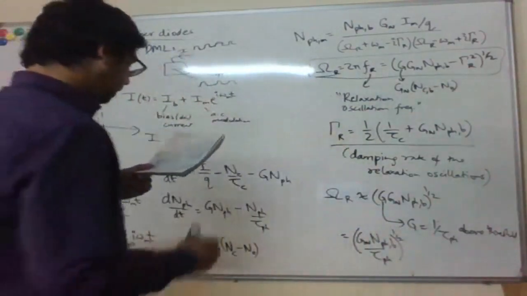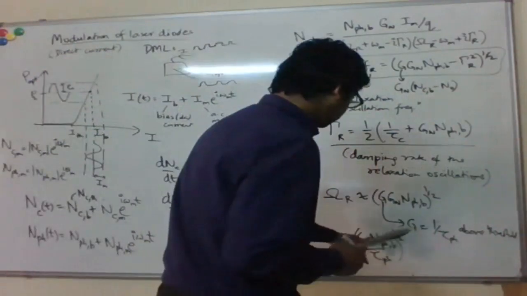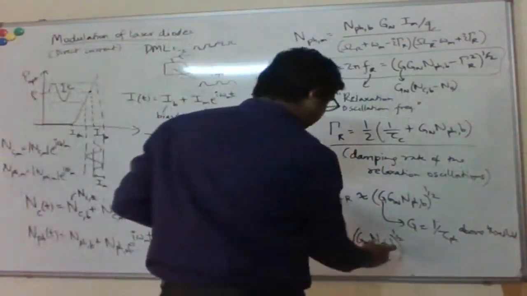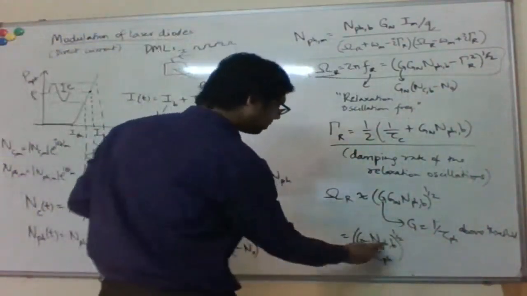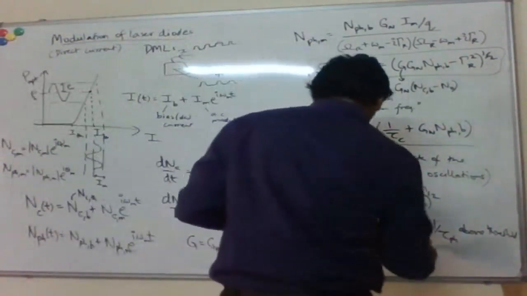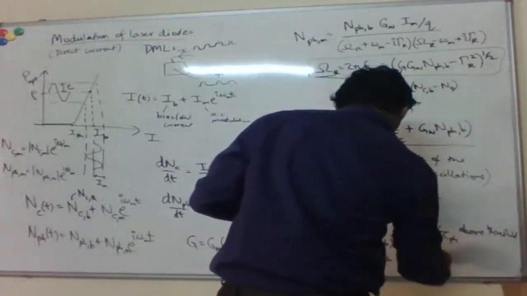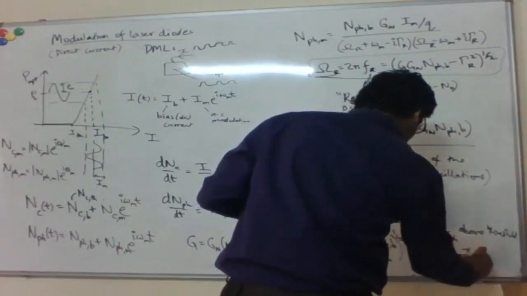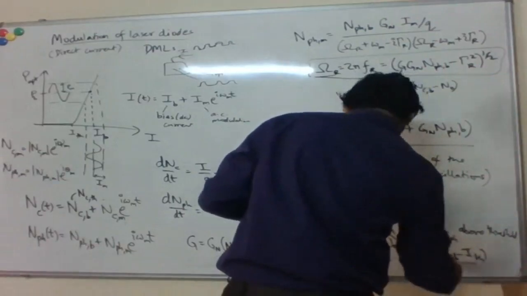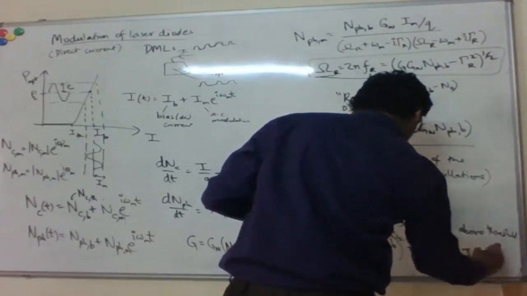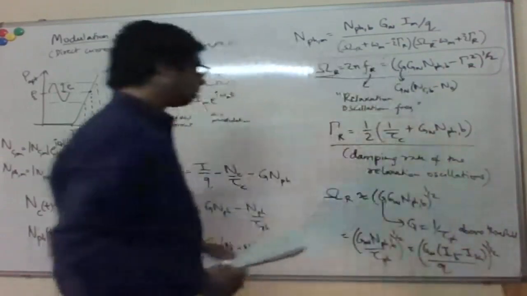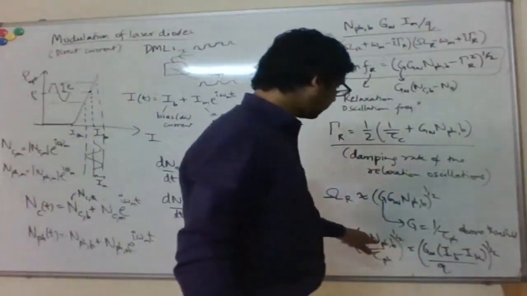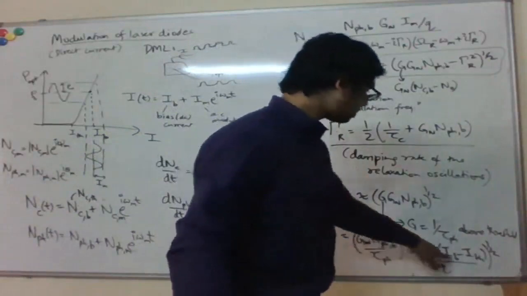Then we use the linear relationship between the optical power and the current, from the equation we derived last time. The DC photon number depends on the bias current: it is tau photon by q times (I_B minus I threshold).